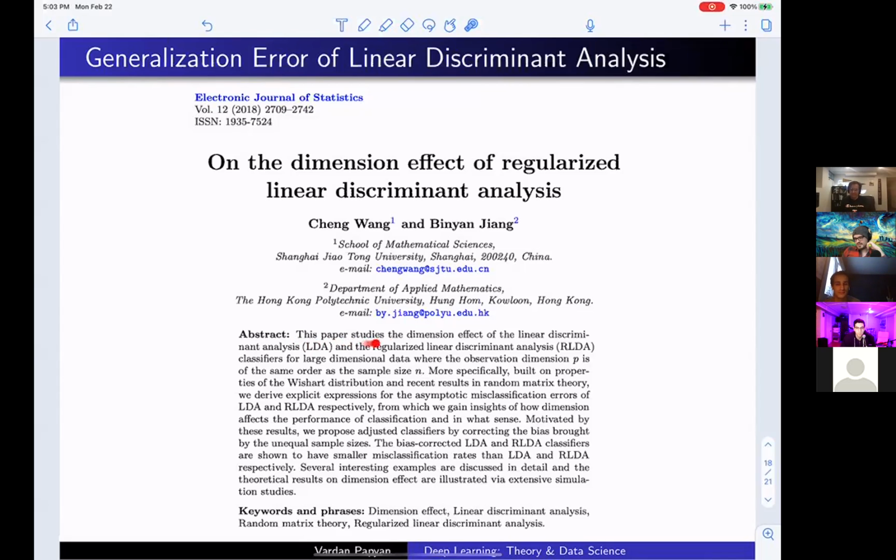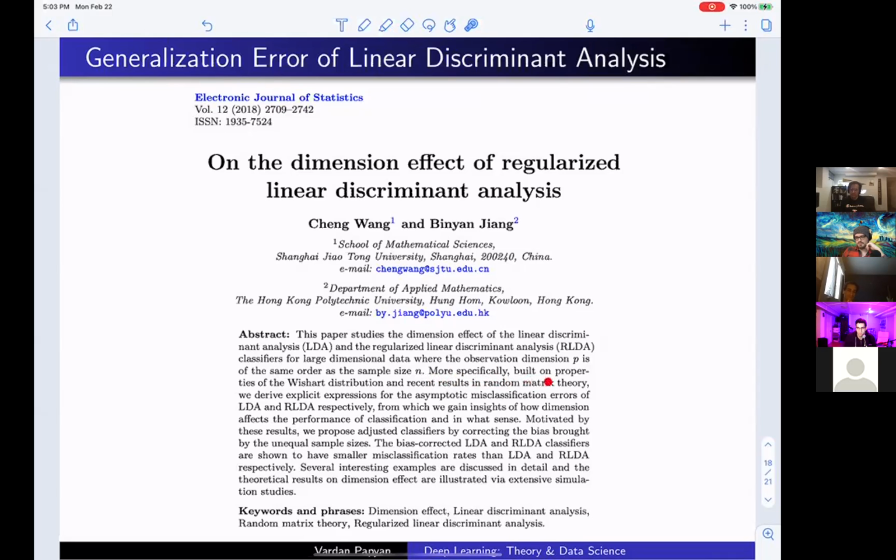This paper studies the dimension effect of the linear discriminant analysis and the regularized linear discriminant analysis classifiers for large dimensional data where the observation dimension P is of the same order as the sample size. If the observation dimension is of the same order as the sample size, it means that your within class covariance is going to be estimated very poorly.